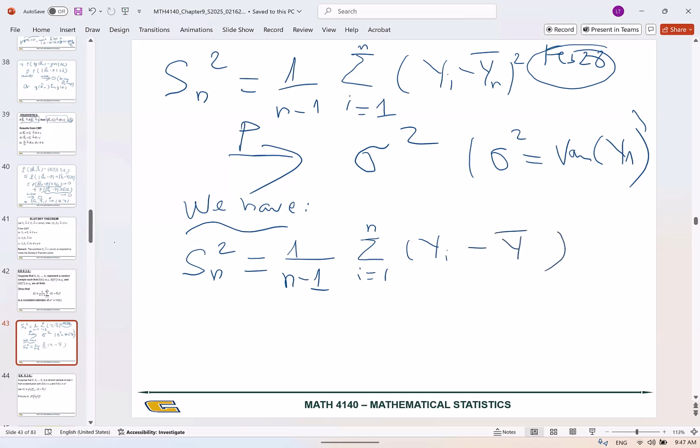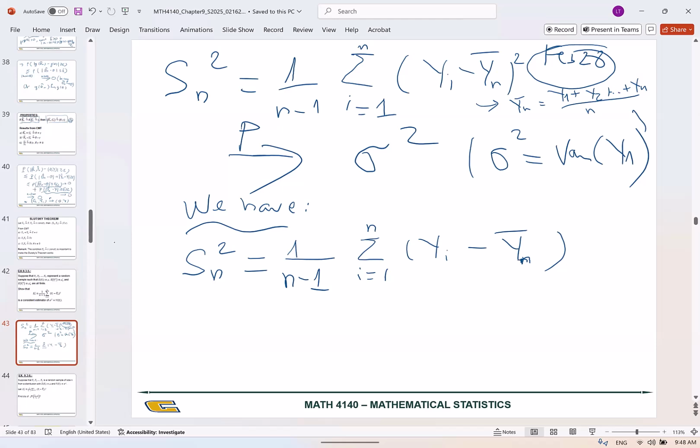Yn bar is just the average from Y1 to Yn, equal to Y1 plus Y2 plus up to Yn, divided by n. Sometimes we use Yn bar, sometimes Y bar. It tells you the same thing.